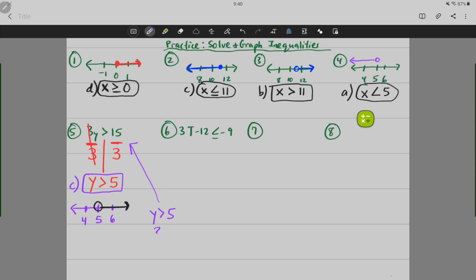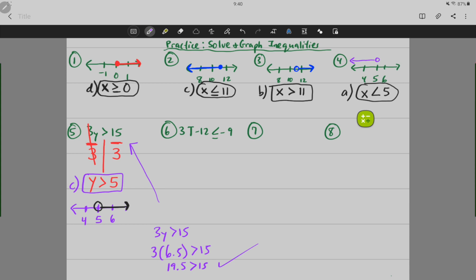For example, if we substitute, let's say I chose, I don't know, let's say 6.5. All right, if I want to see if that works, 3 times 6.5 would be 19.5, which is greater than 15, so that's true.